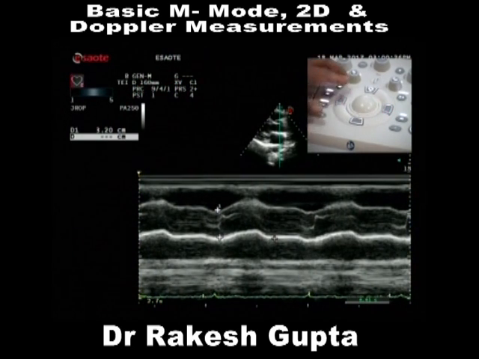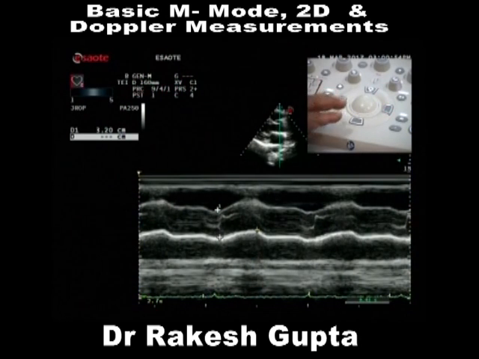I will measure. Now the second point is the LA. Upper wall to upper wall, leading edge to leading edge. I didn't want to touch that topic, but you have made me touch it. This echogenic focus has a leading edge and a trailing edge. M-mode calculations are always leading edge to leading edge. So this is a leading edge from here, and this is a leading edge from here.